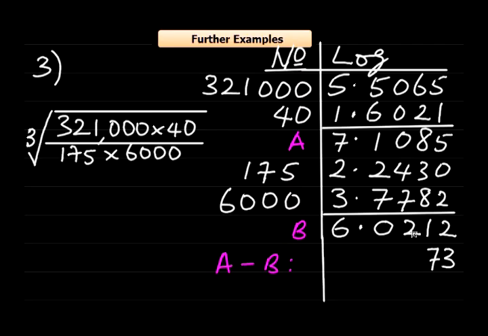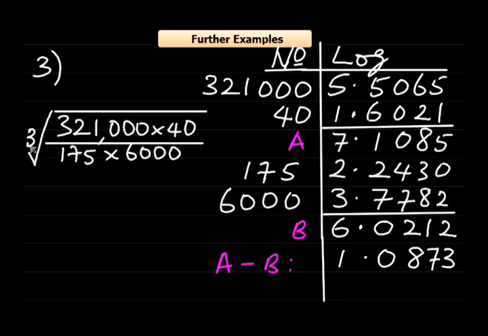Borrow 1 from here, put it there, becomes 10. 2 from 10 is 8. Now we have borrowed 1 from here, so here is left with 0. So 0 minus 0 is 0. Put down our point there. 7 minus 6 is 1. The next thing is to divide by 3.